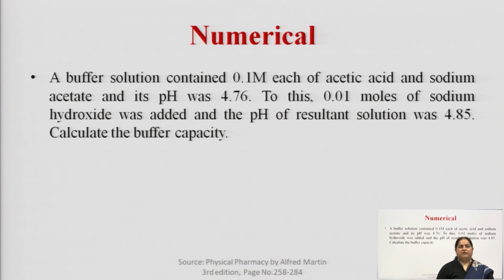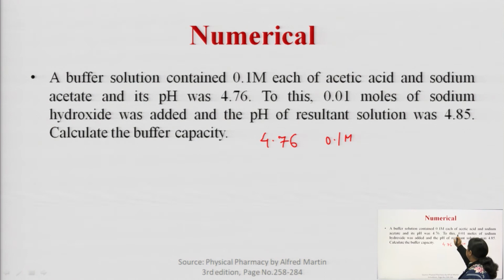So, what are we given with? We have a buffer solution of acetic acid and sodium acetate, right, and the initial pH is 4.76, and what is the concentration of the buffer? 0.1 moles, right.